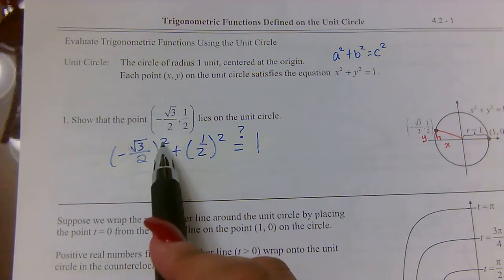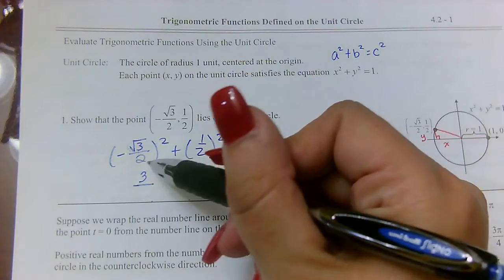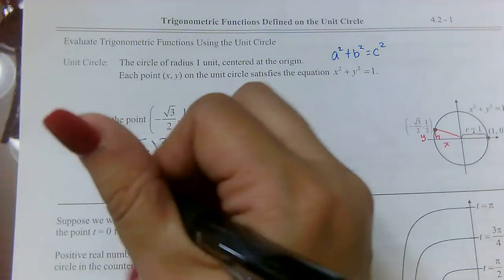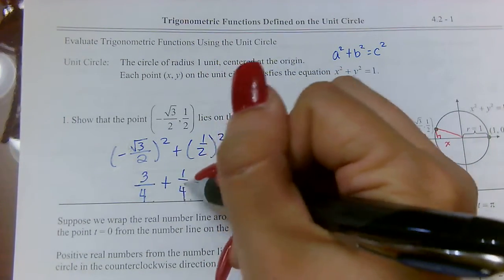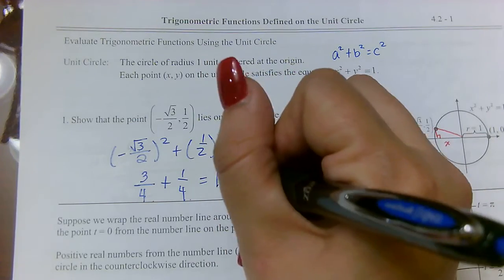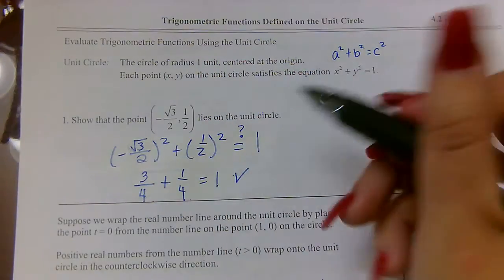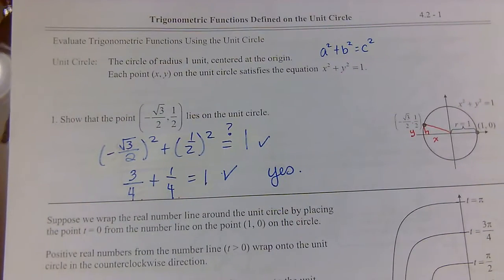The square root of 3 squared, remember, cancels out, so we have 3. And 2 squared is 4, so we have 3/4 plus 1/4. Well, 3/4 plus 1/4 is 1, which does, in fact, equal 1. So we can say, yes, this point lies on the unit circle.